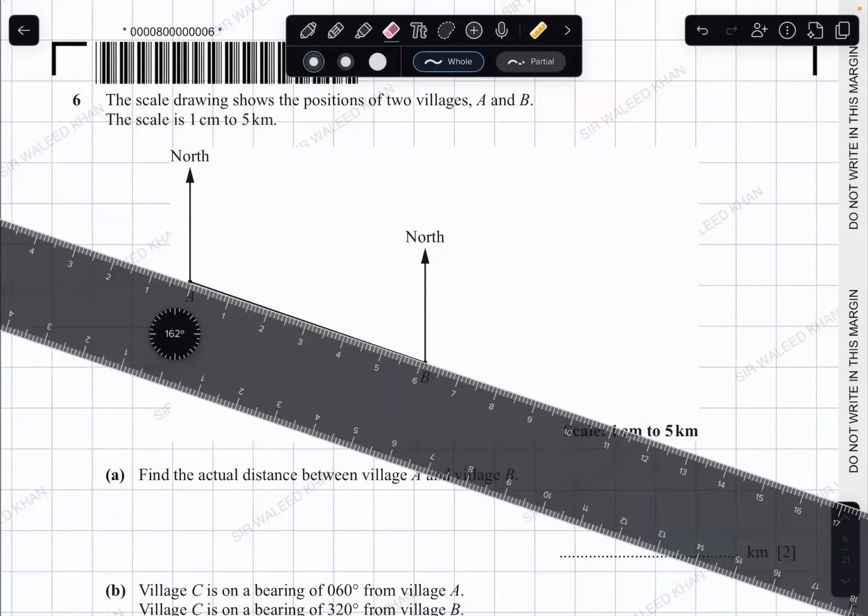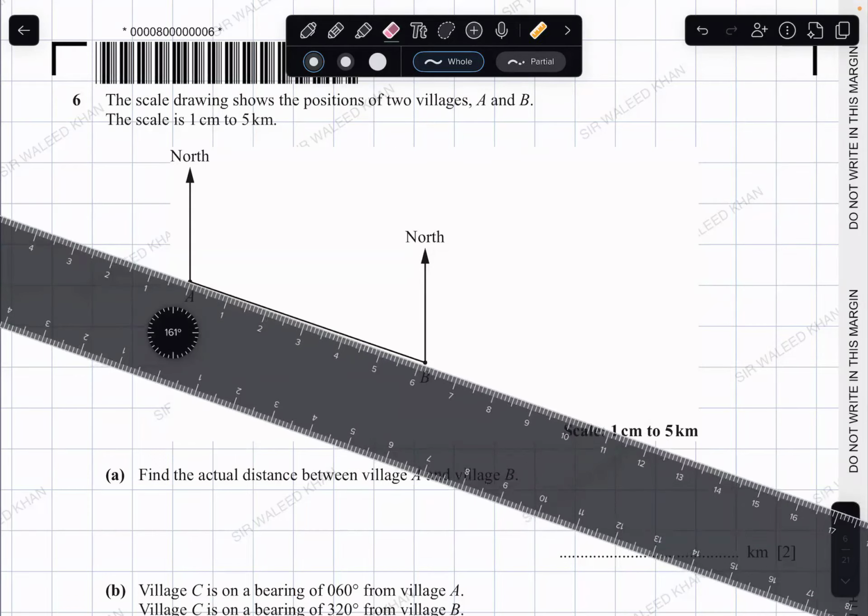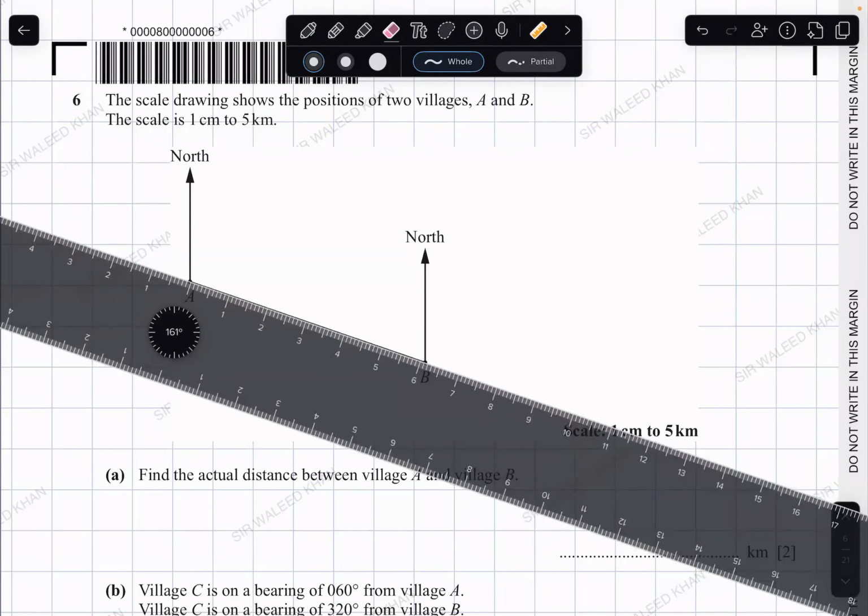And this might not be exact because I'm using the soft copy of this, and your answer may also differ because of the printer setting. But in the examination hall, you will be getting one print, everyone the same. So this is how much? 6.1. Yes. 6.1. Right?